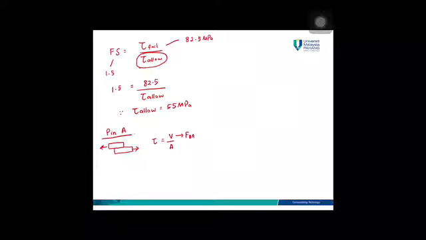Then you know that 55 times 10 power of 6 is equal to 15 times 10 power of 3 divided by area. Then you will get your area. Area is equal to 2.727 times 10 negative 4 meter square.